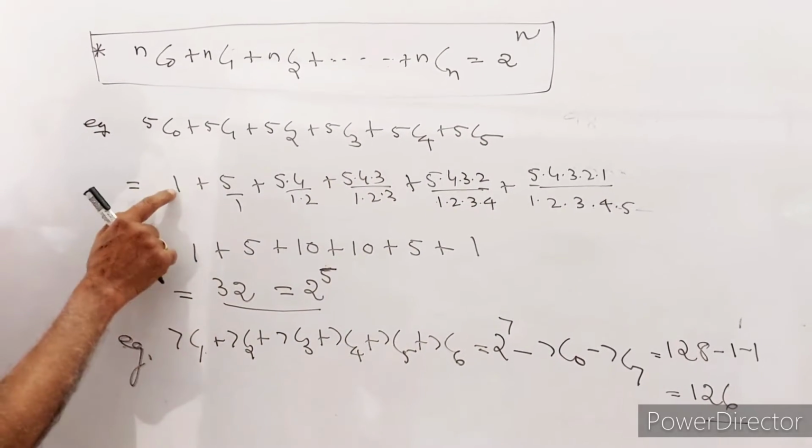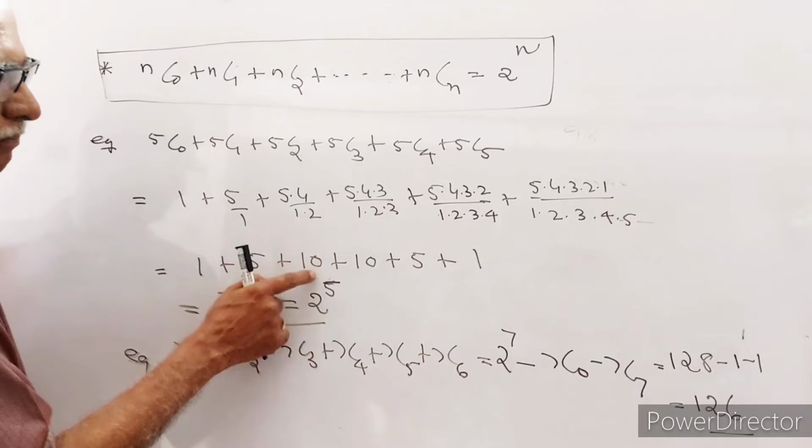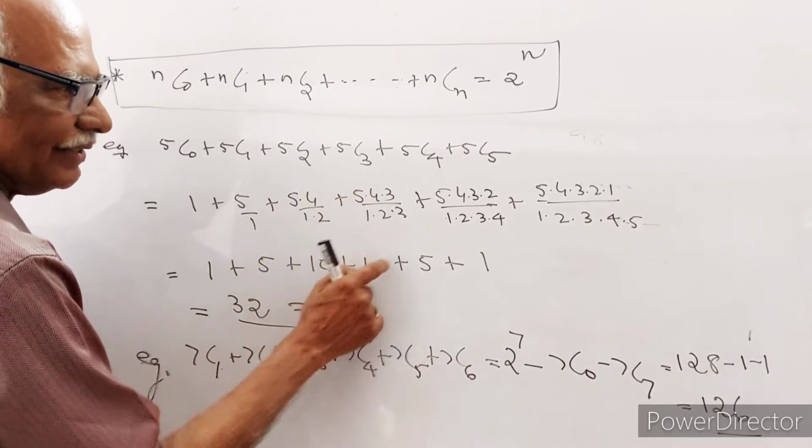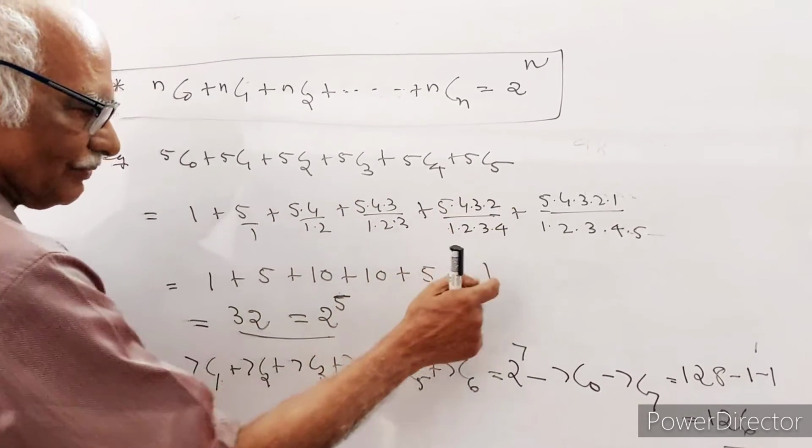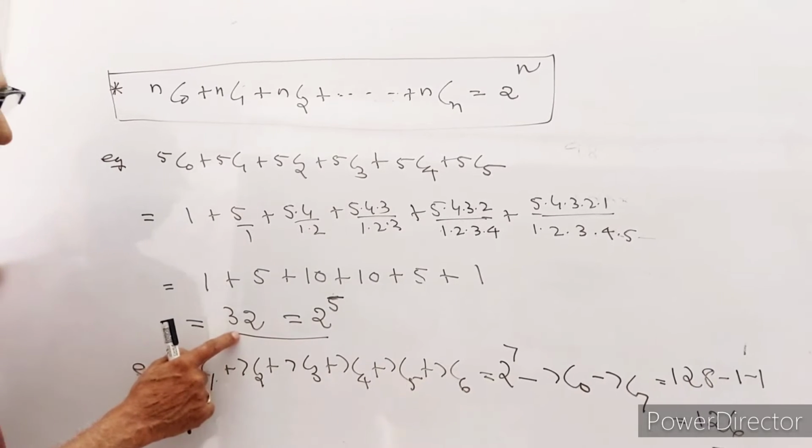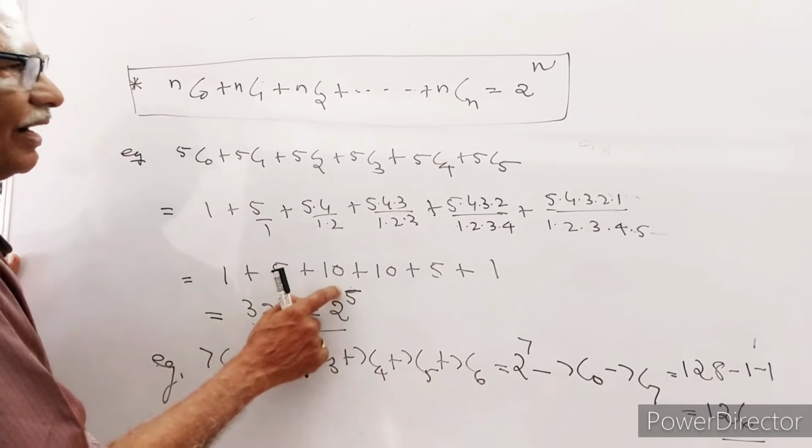Now we come to this: 1 plus 5 plus 10 plus 10 plus 5 plus 1. It is 32. It is simply 2 raised to 5.